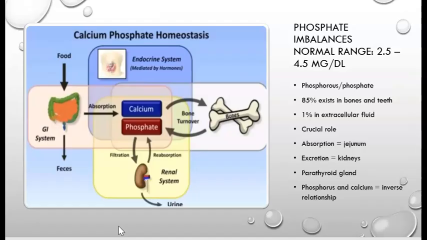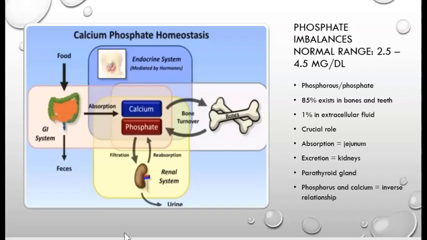So then we're going to talk about phosphate imbalances. The normal range for this is 2.5 to 4.5, and phosphate is essential in production of ATP, and that's, of course, the fuel that supports muscle contraction and nerve cell transmission and electrolyte transport. It's vital to red blood cell formation and O2 delivery to tissues, nervous system and muscle function, metabolism of fats, carbs, and proteins, and it helps to maintain the acid-base balance.